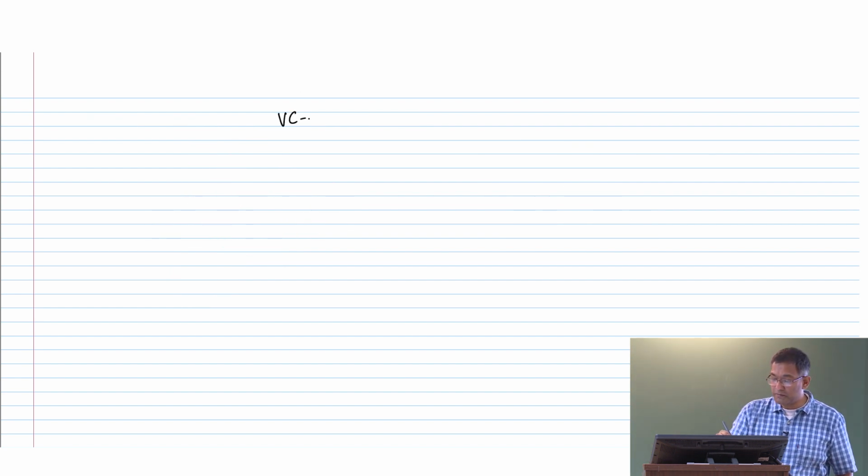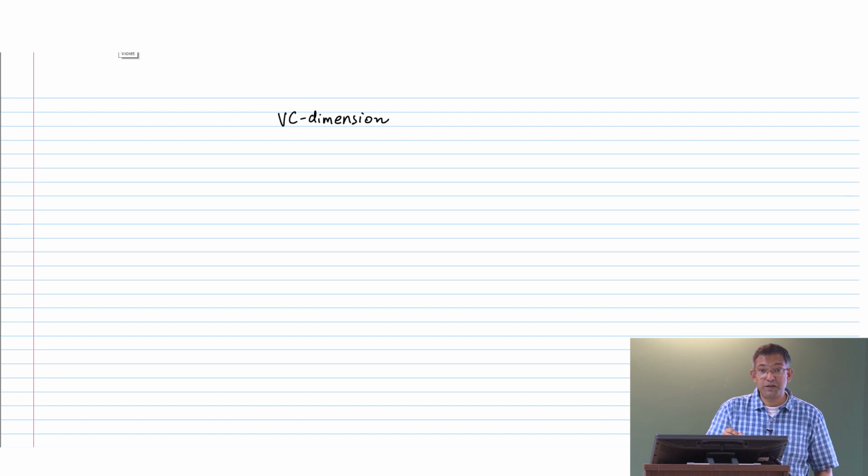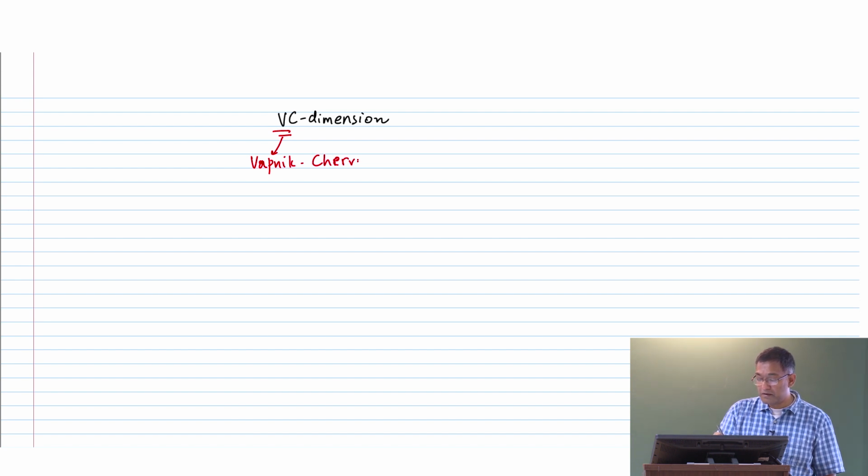So let's define something called the VC dimension. Some of you may have heard of it because you hear it all over the place in machine learning theory, and in fact this was defined in the context of machine learning. It's called the Vapnik-Chervonenkis dimension.